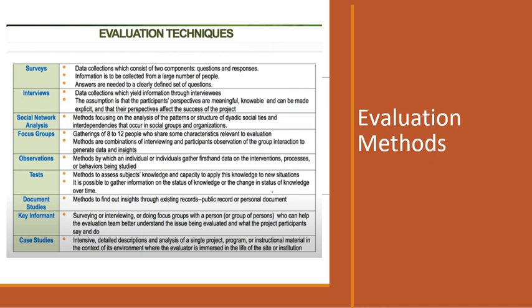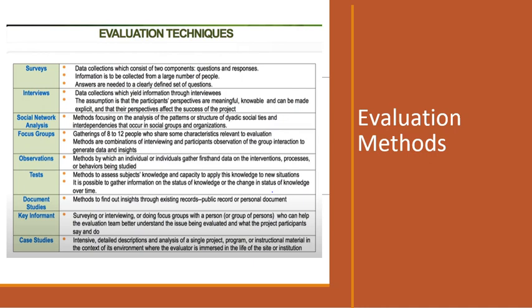Anything. Next one is focus groups, a gathering of 8 to 12 people who share some characteristics relevant to the evaluation. So you find 8 to 12 people with the same characteristics related to your study, what you are going to evaluate.